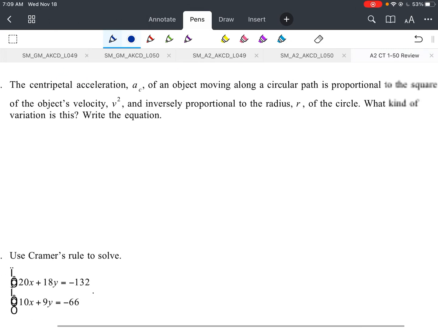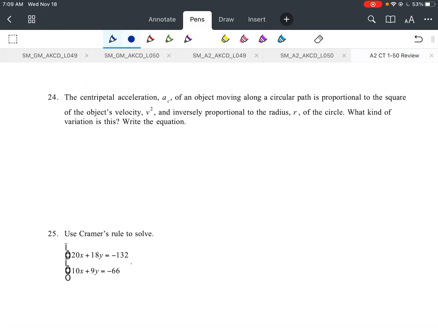All right, centripetal acceleration. What kind of variation is this? Okay, so it is inversely proportional to the radius of the circle. It is proportional to the square of the velocity. So let's see, the acceleration, a sub c, equals, and because it's a variation, we'll say k. Okay, so there's our constant of variation.